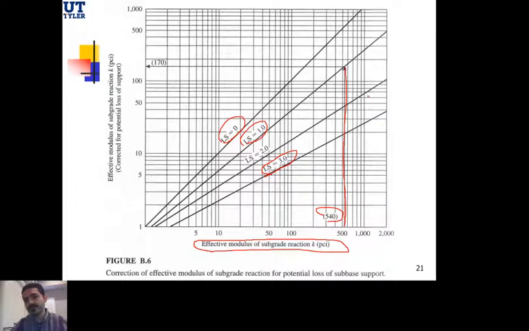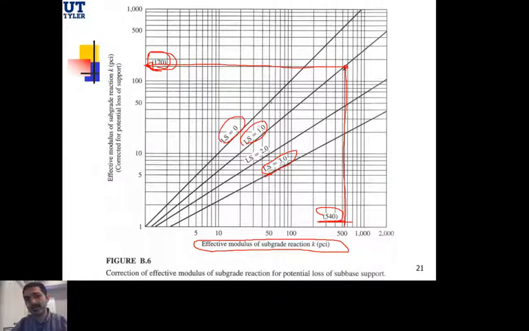Assuming I have a loss of support equal to 1, I'm going to stop at this line. I'm going to draw a horizontal line, and that will be my very final value for the K, which is equal to 170. A huge drop from 540 based on the previous steps, all the way down to only 170, just because I'm going to have a lot of loss of support because of the use of certain materials.